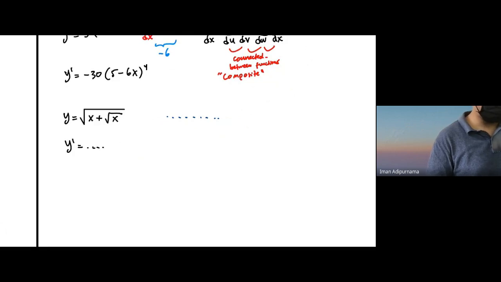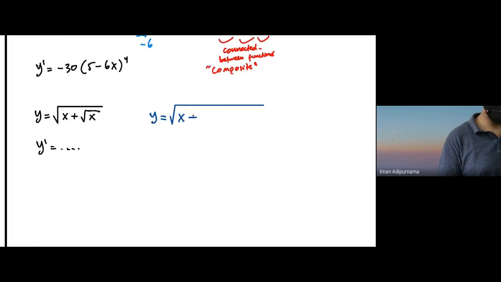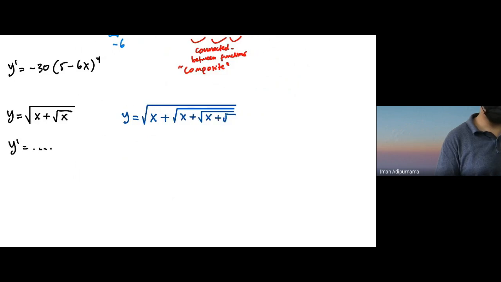So another one is you have y equal to x plus x plus x plus x plus dot dot dot.